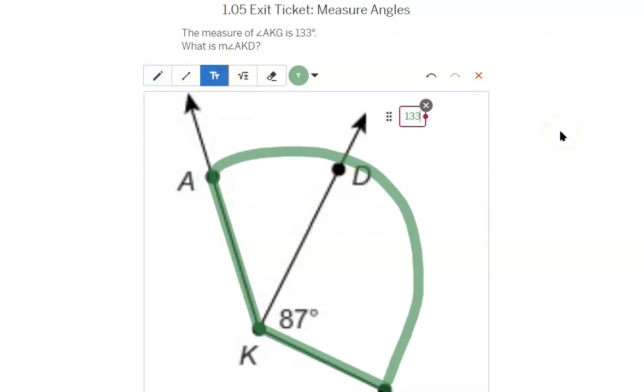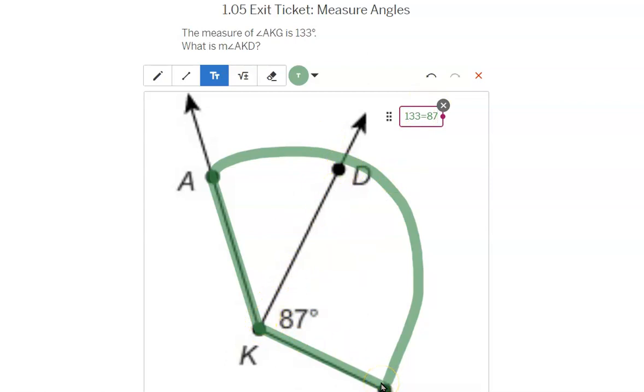I also know that part of this 133 degrees measures 87 degrees.